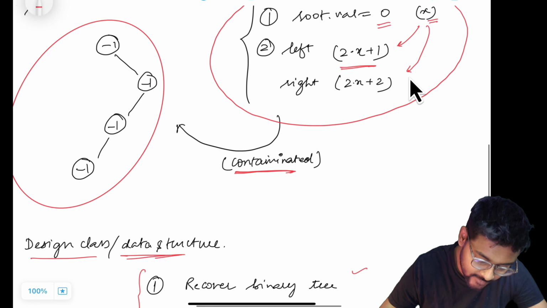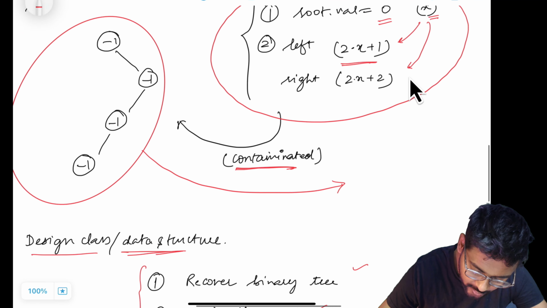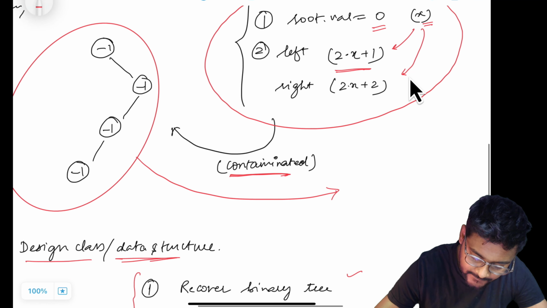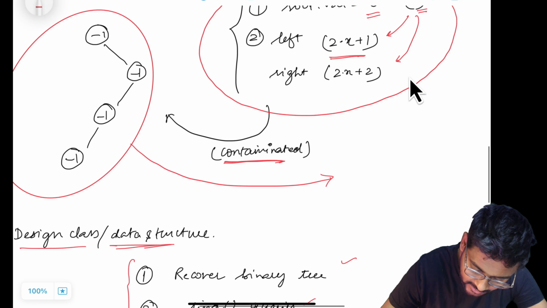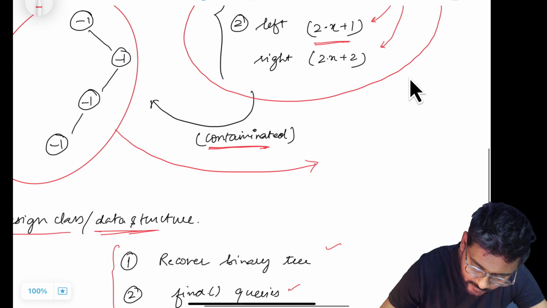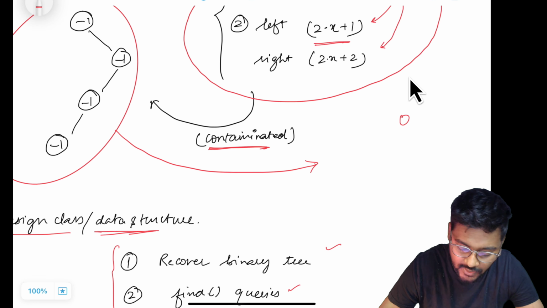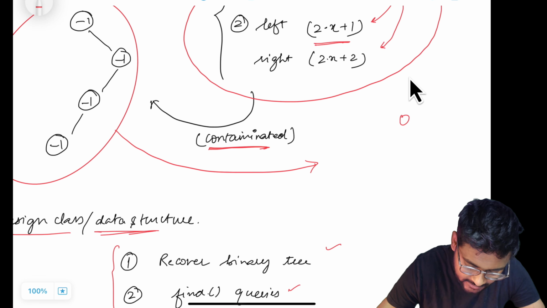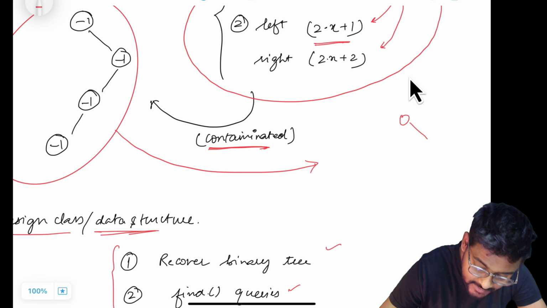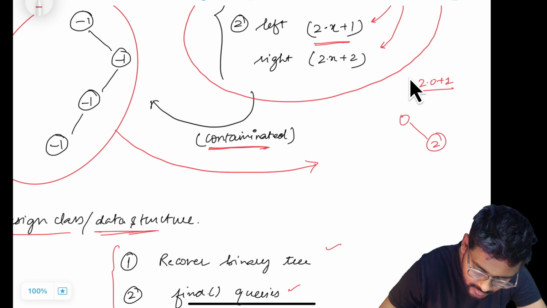If we convert this example into a real binary tree, it will look like this. The root value is always 0. The left child is 2 * x + 1 and the right child is 2 * x + 2. In this case, there is no left child of the root, only a right child. So the right child is 2 * 0 + 2, which is 2.